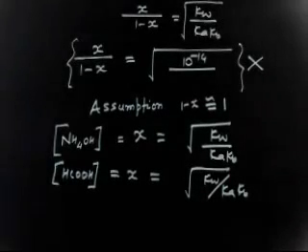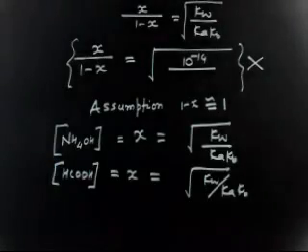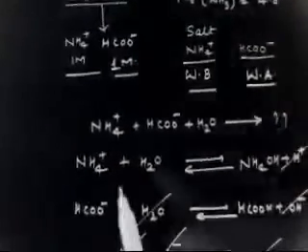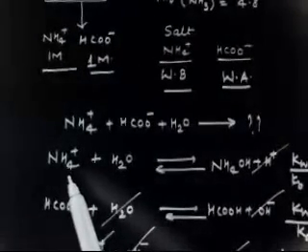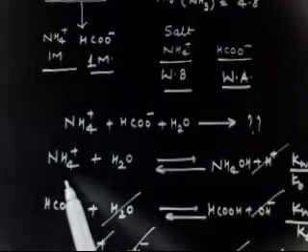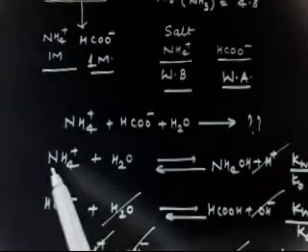So now let us use these equations to find the concentration of H plus. I can use this equilibrium, NH4 plus H2O, because I know the concentration of NH4 plus. This remains approximately equal to 1 minus x, which is approximately 1.